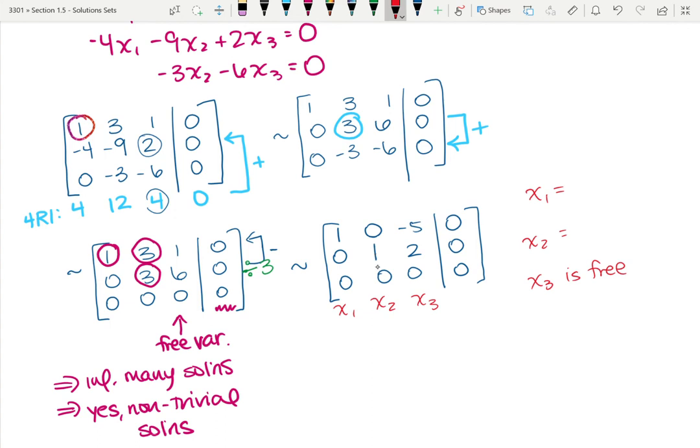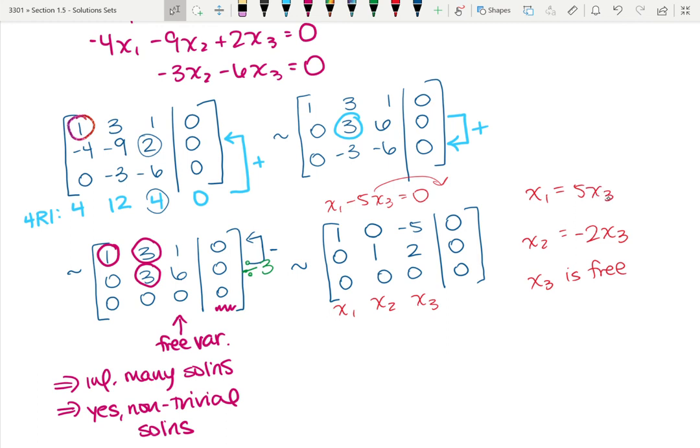Here this is x2 plus 2x3 is 0. I'm going to take that 2x3 and subtract it to the other side. Now this top row would be x1 minus 5x3 is equal to 0. I'm just going to take that minus 5x3 and put it on the other side.